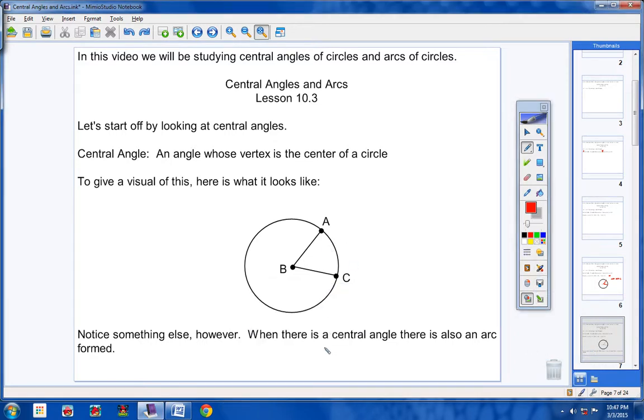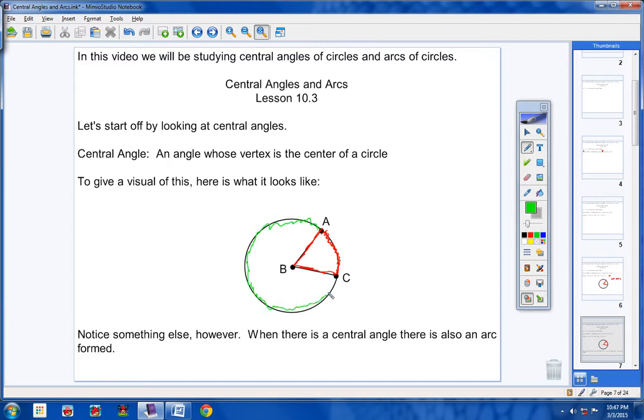So students, when I say when there's a central angle, there's an arc, here's what I mean. This central angle really formed two arcs. And you're like, really? Yeah, here's a little arc right here. You see an arc is this length right here that lies on the circle. But another arc was also formed going this direction. Do you see what I'm saying?